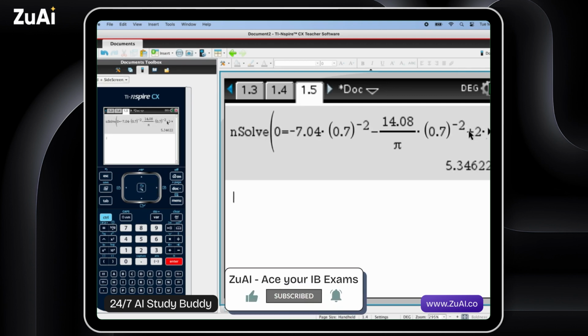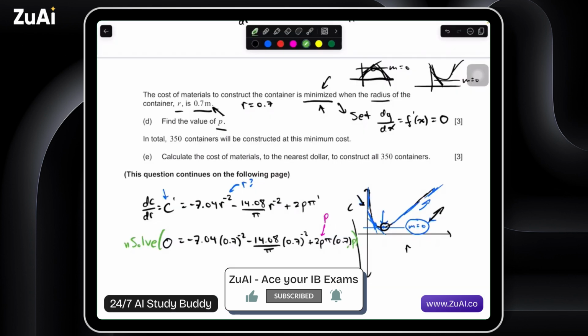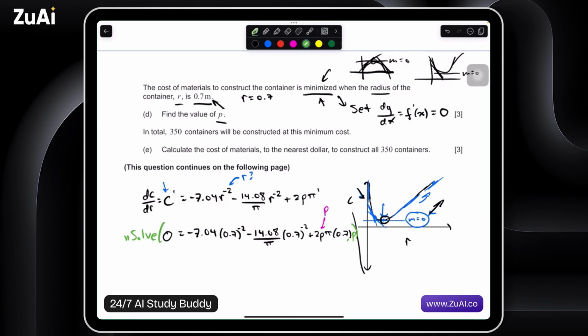It's fantastic. So find the value of p. P is the cost of this rectangular lid. The cost of materials to construct the container is minimized when the radius of the container is equal to r. So minimized, find the value of p.